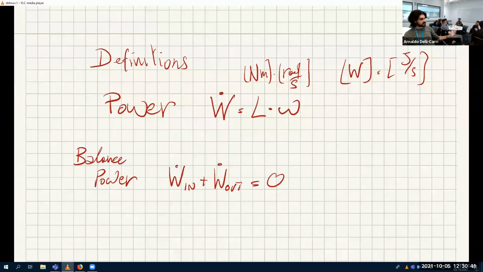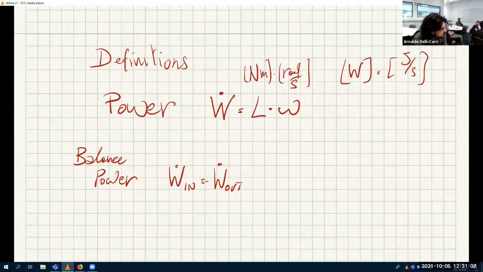So at constant speed, whatever power goes in, power flows out. Again, this is assuming 100% efficiency, because if you have efficiency, you must have a coefficient here somewhere. Shouldn't that be minus? What I'm saying is that this is the same as W out.